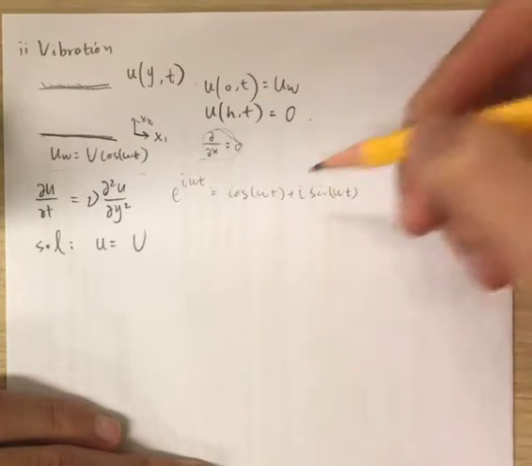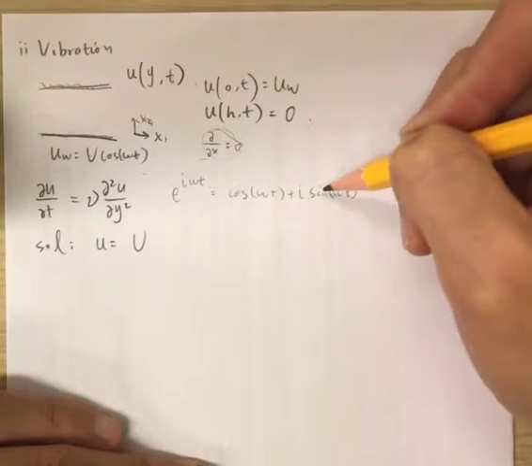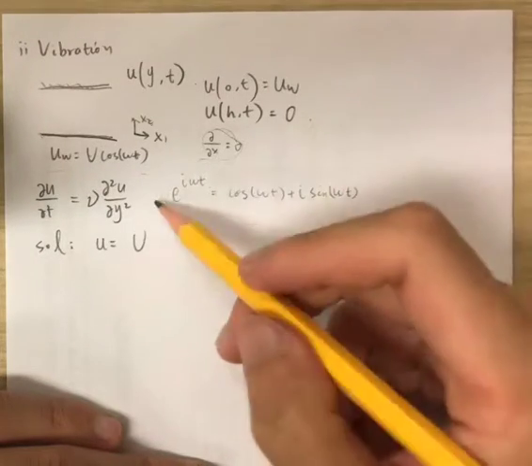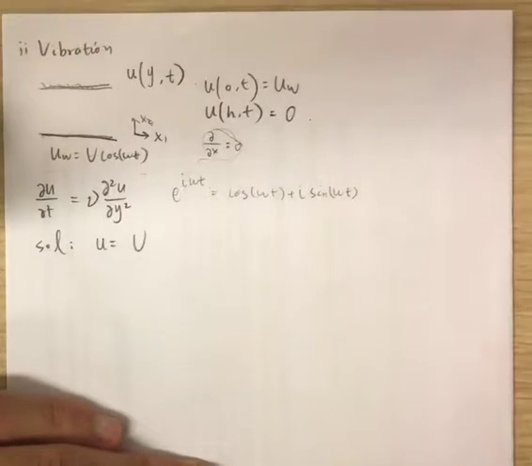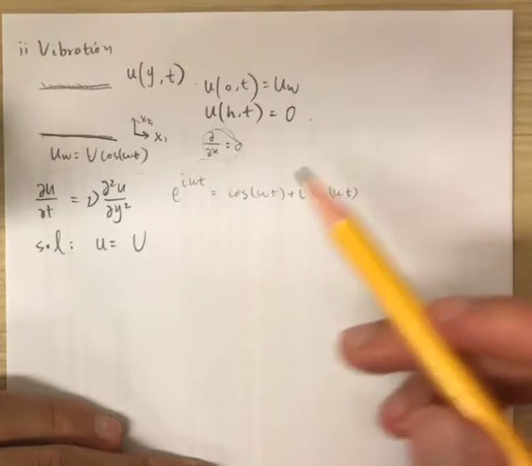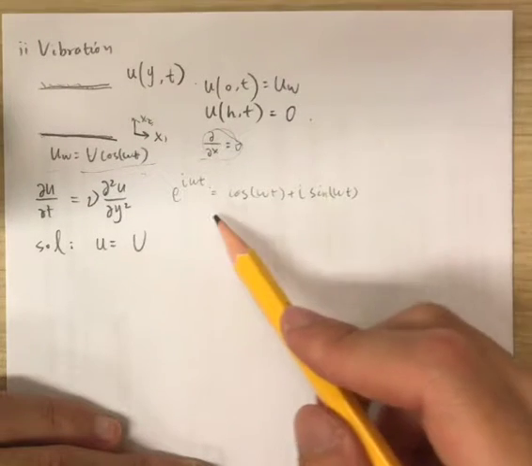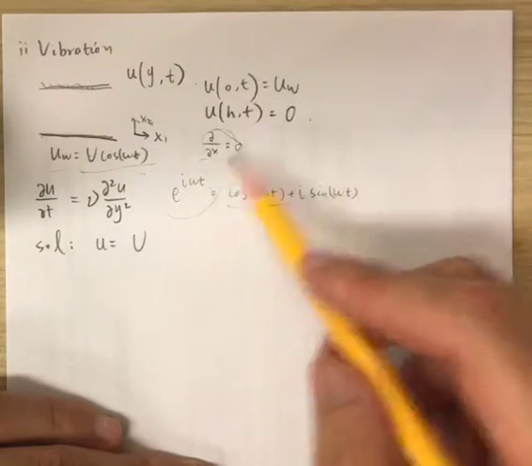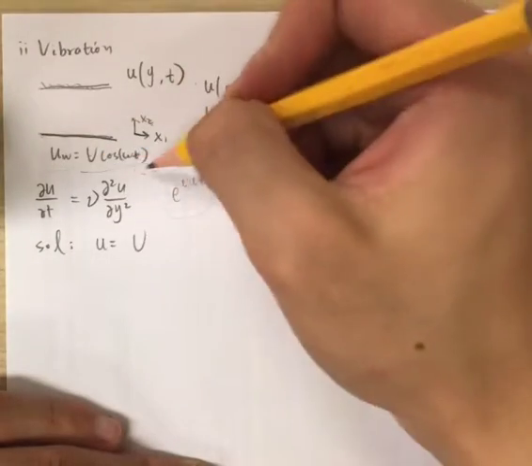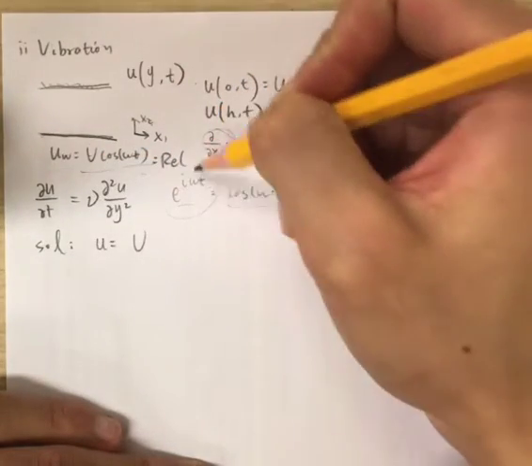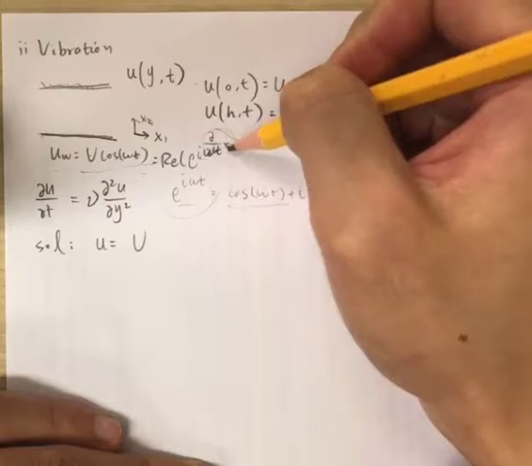I bet when you were studying algebra, you learned complex numbers. So you should know this formula. Here, we see this thing is just the real part of this complex number, right? So we can write this thing as the real part of e to the i omega t.